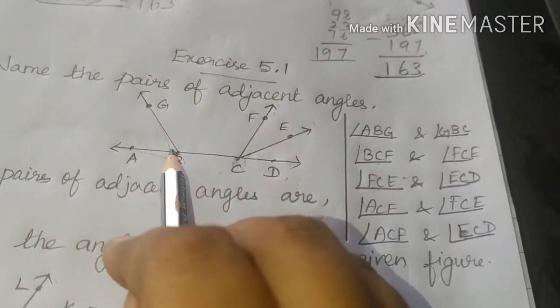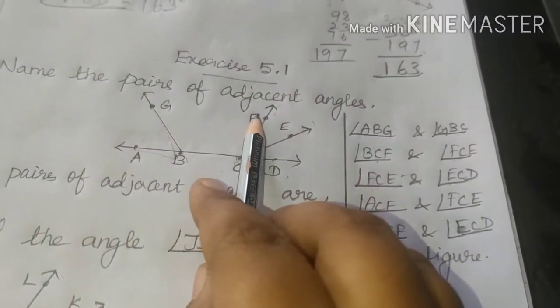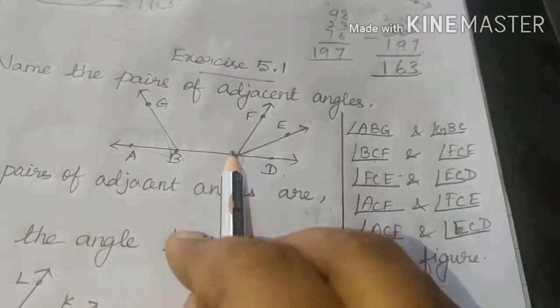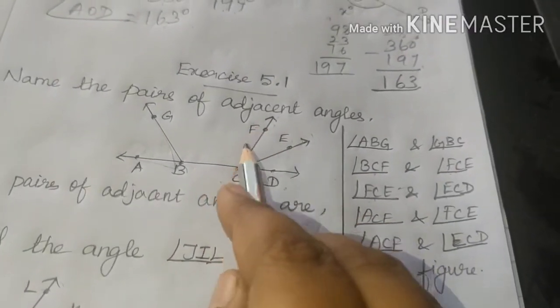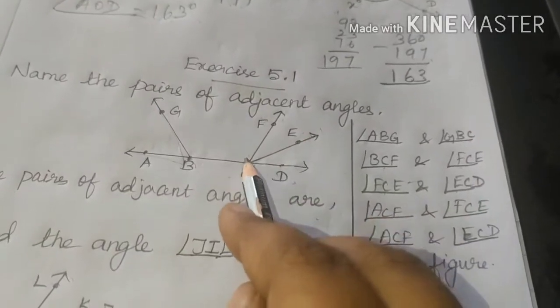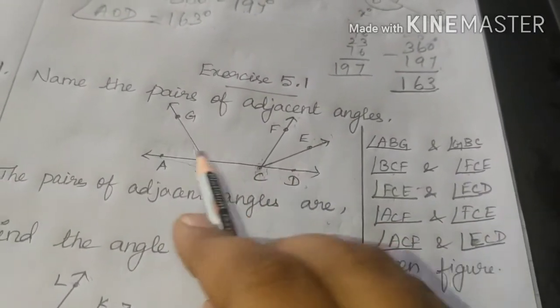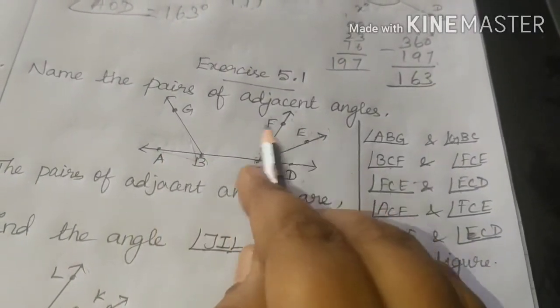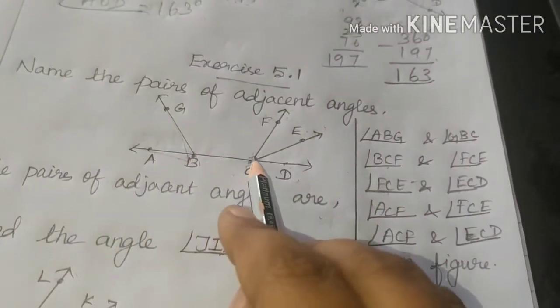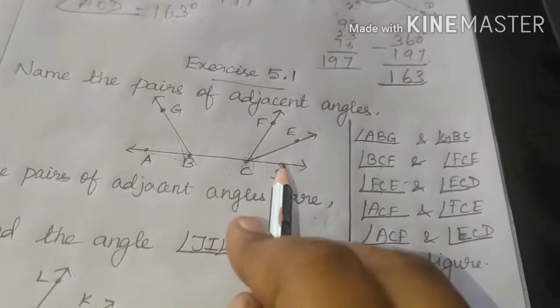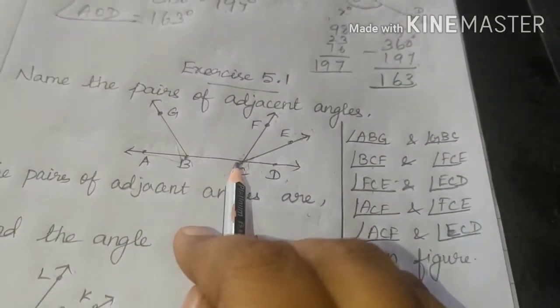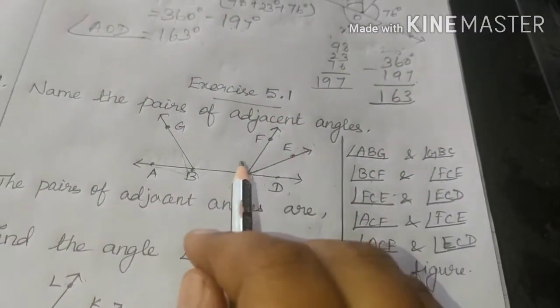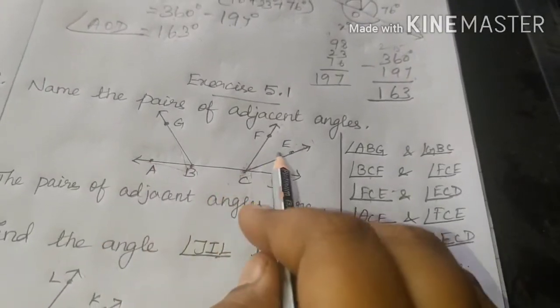Where is that BCF? BCF. Okay, like that the same, FCE, and then FCE, ECD, and then ACF. This is also the same angle, ACF. Here you can see ECD, ACF and ECD.